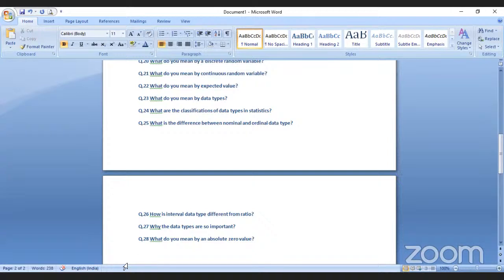So there we can say a zero value. When we are counting something, if anything is not present there, then we can say that zero value is there. So we have the zero value for ratio, but for interval data type we don't have absolute zero.